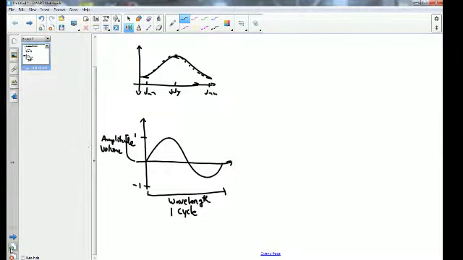In music terms, the pitch or frequency is cycles per second. That's where we get our time component in music, or sound wave.